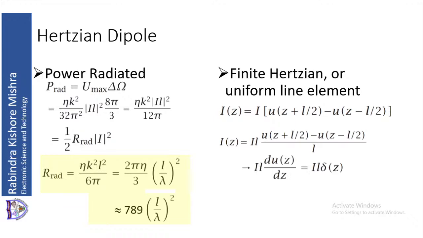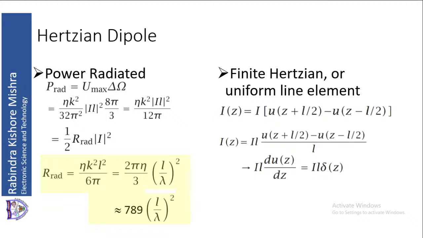Now let us write Iz in this form. Multiply the numerator and denominator by L. Then Iz is equal to IL into u(z plus L by 2) minus u(z minus L by 2), divided by L. L is extremely small, so we can approximate it as delta z. Then that is actually du by dz.